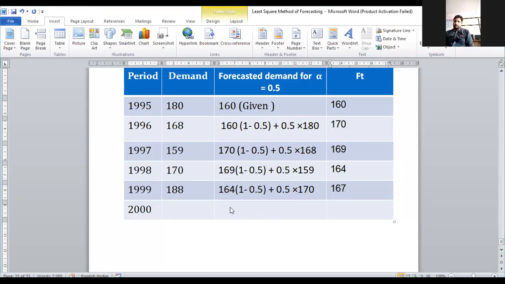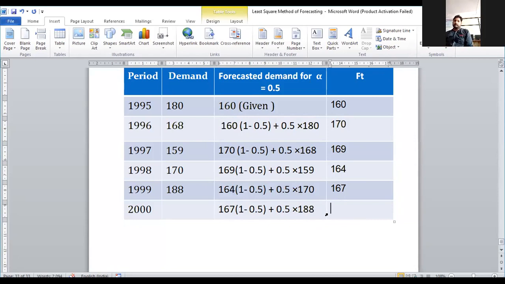Nilesh is also saying 167. For the next year, my f of t minus 1 will become 167, and d suffix t minus 1 will become 188.